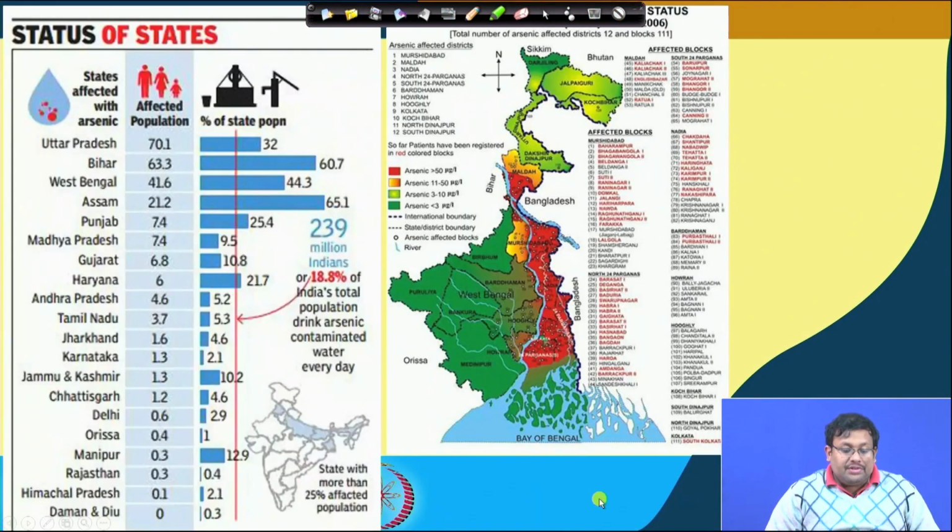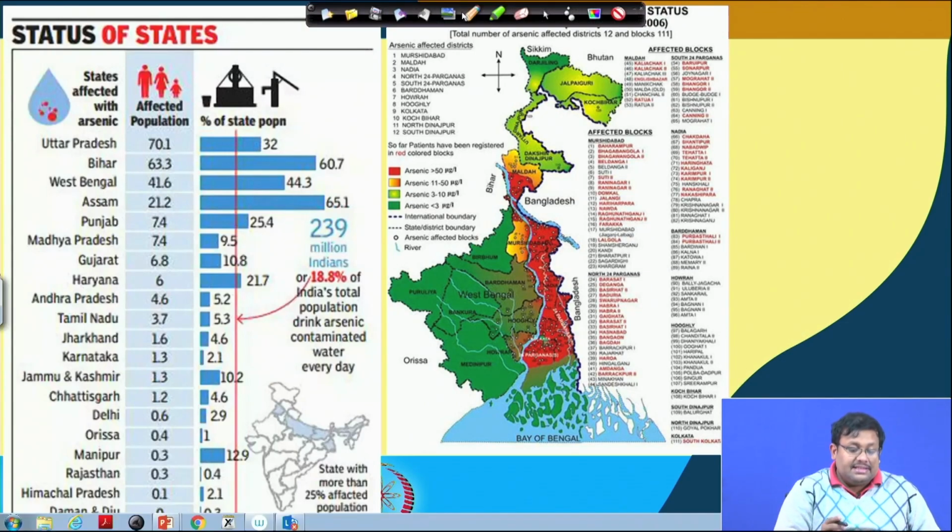So, if you move ahead, we will see the status of different states as far as arsenic contamination is concerned. Obviously, you can see the major states affected by groundwater arsenic contamination are Bihar, West Bengal, Assam, and some amount in Uttar Pradesh also.